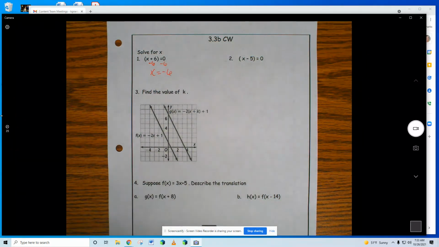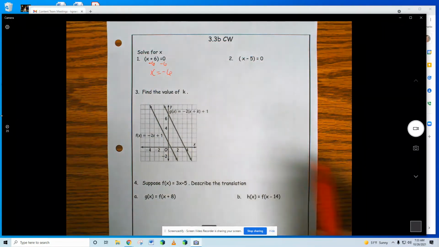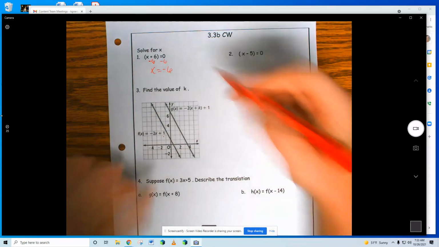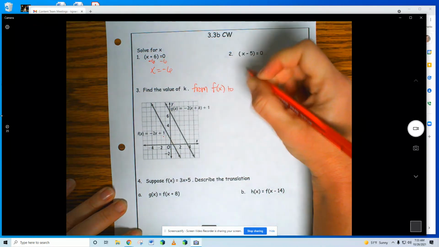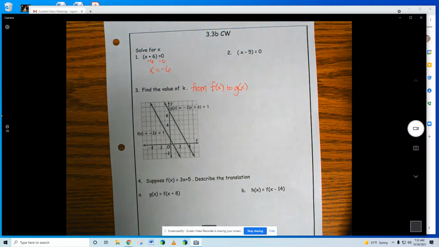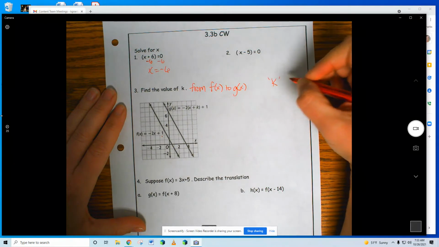Number 2, do it. Go ahead. All right. Find the value of k. So what did I do from f of x to g of x? The k in this case should be an h.